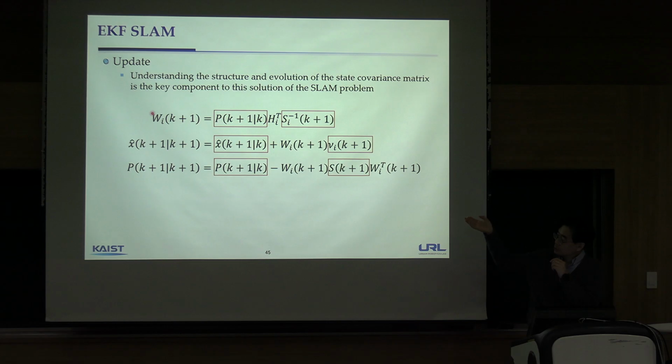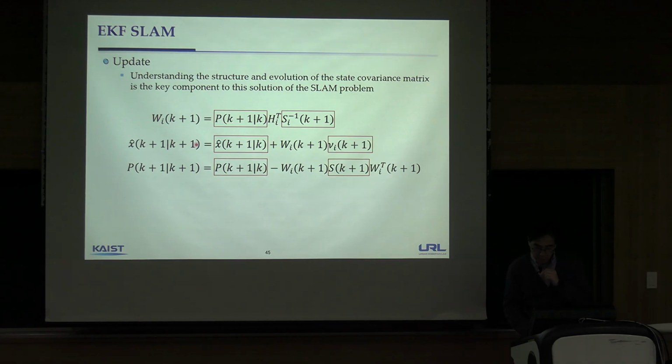Some textbooks use K, but some textbooks use W. So it may be confusing, but we should note that they are the same. So we first obtain the Kalman gain. So Kalman gain multiplied by the innovation term, we just have the delta x. So we just add this one to the previous a priori estimation, then we get the posterior estimation like here.